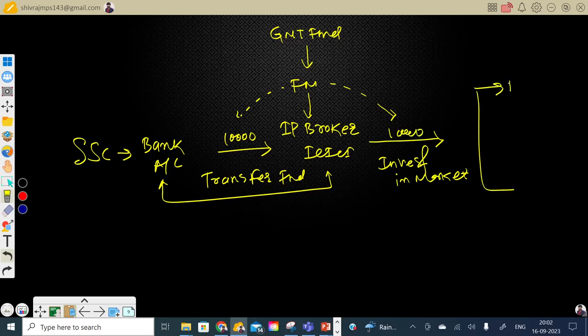Investment could be through NSE, through BSE for, let's say, equity, right? So after that, your team comes into the picture, the asset admin team.